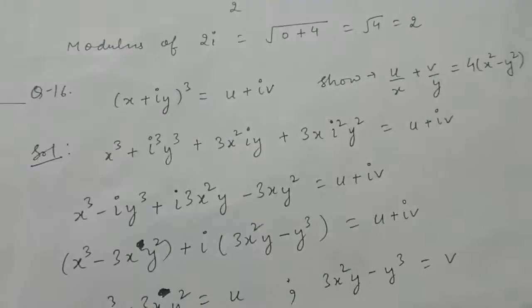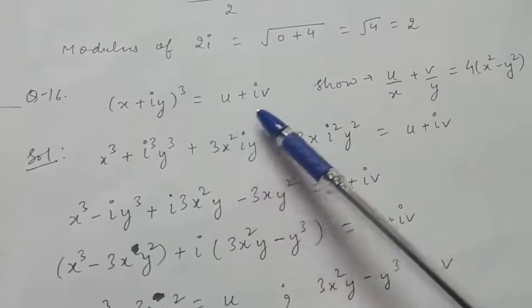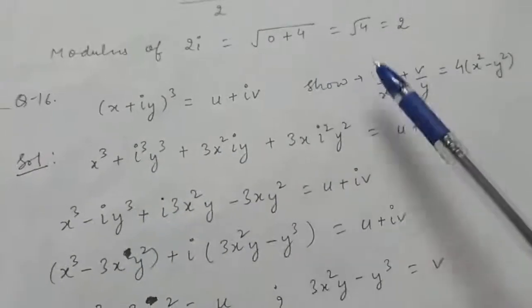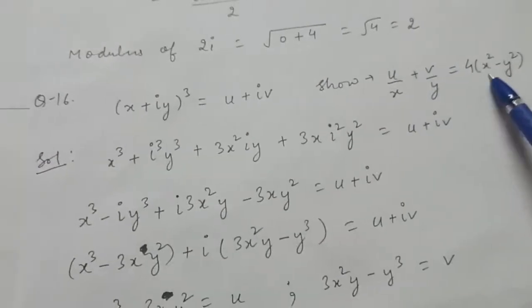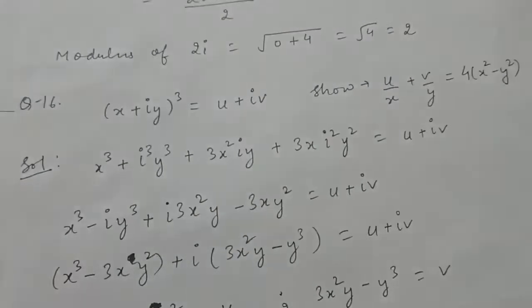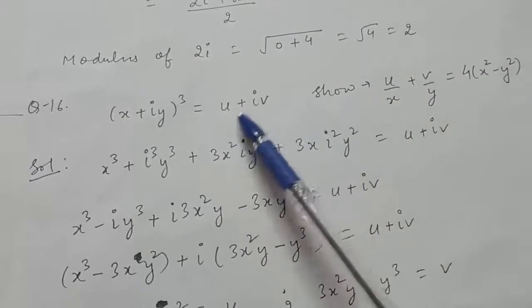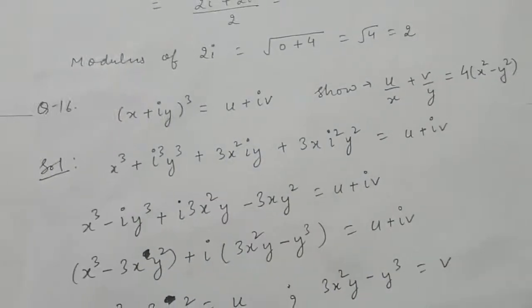Now in question number 16, (x plus iota y) whole cube is given as u plus iota v. You have to show u by x plus v by y is equal to 4 into (x square minus y square). So first of all, we will find the value of u and v by comparing this complex number with this complex number, right?